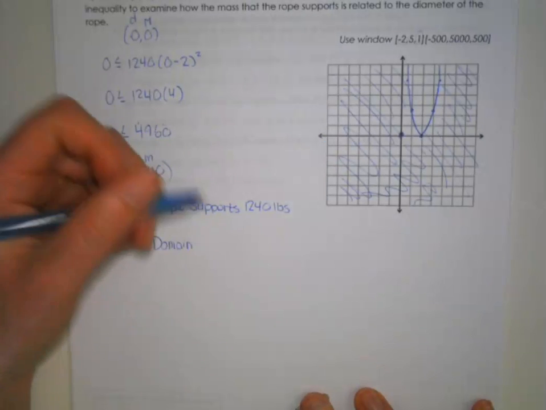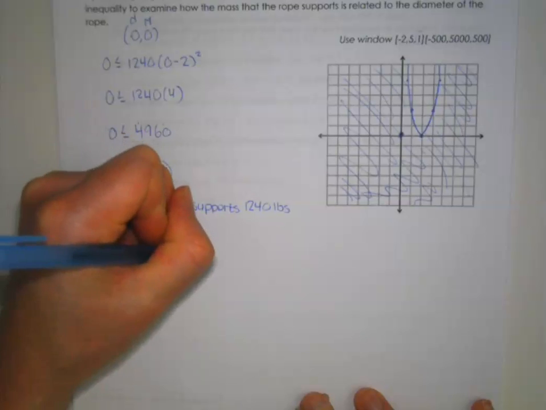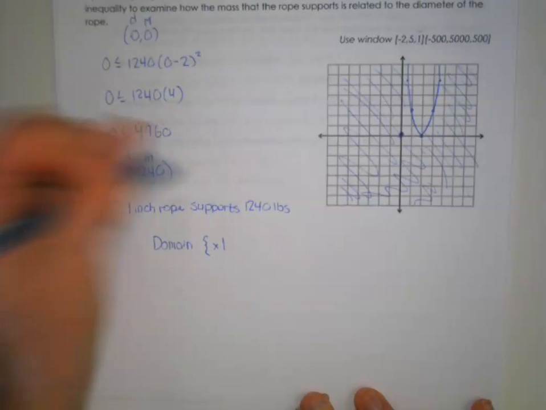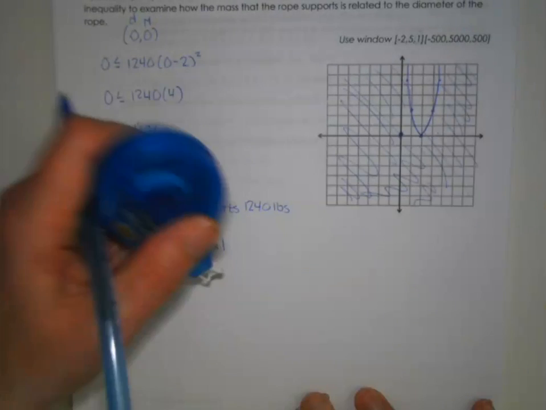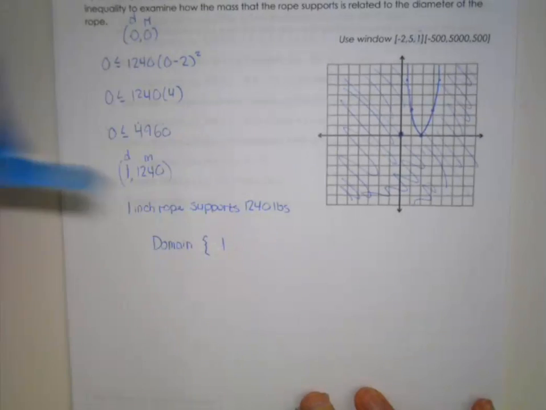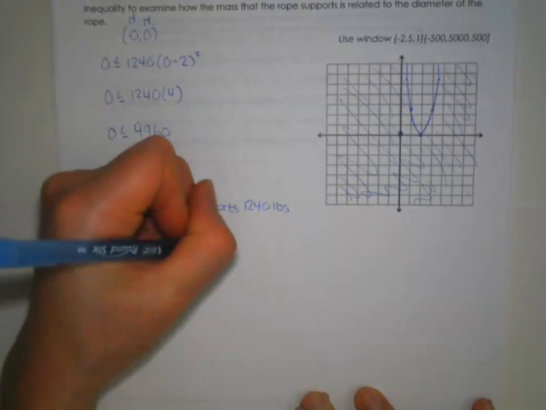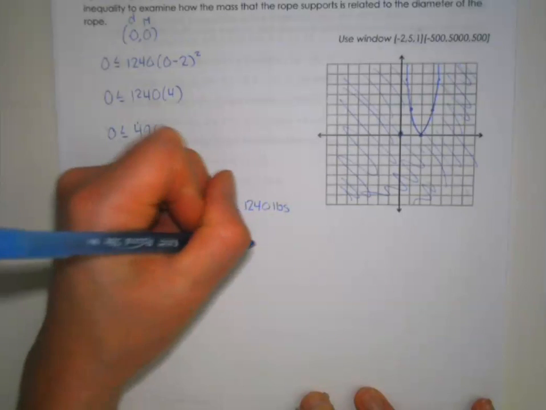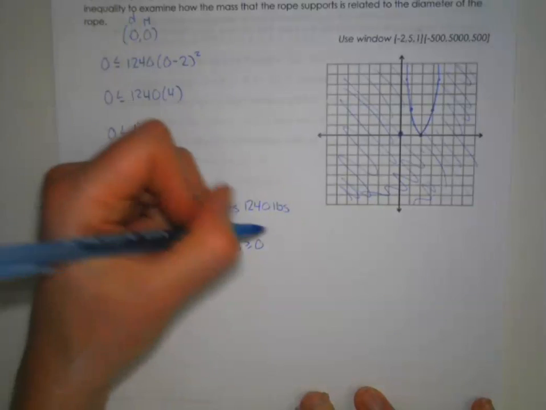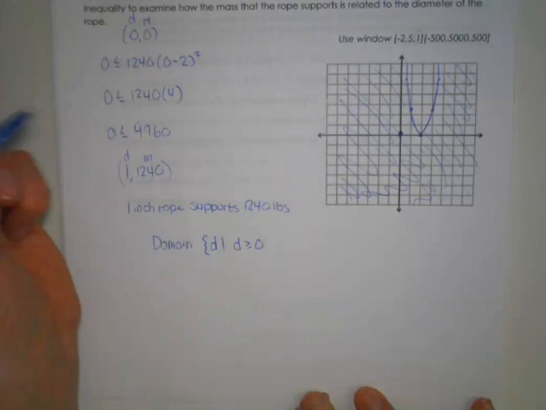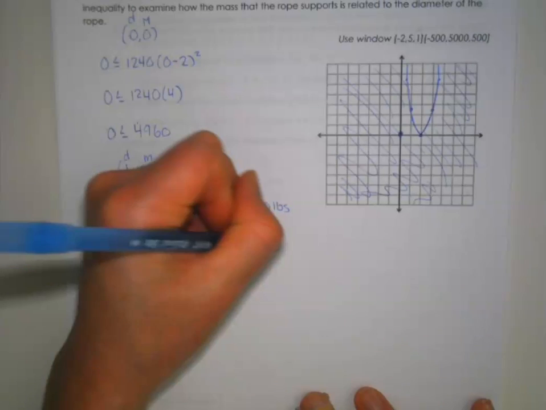So for our domain, x has to be greater than 0. Actually, I should change that because the variable we were using was little d. So for our domain, we would say d has to be greater than or equal to 0. We could include 0 because you could have no rope, and then we know that supports 0 mass.